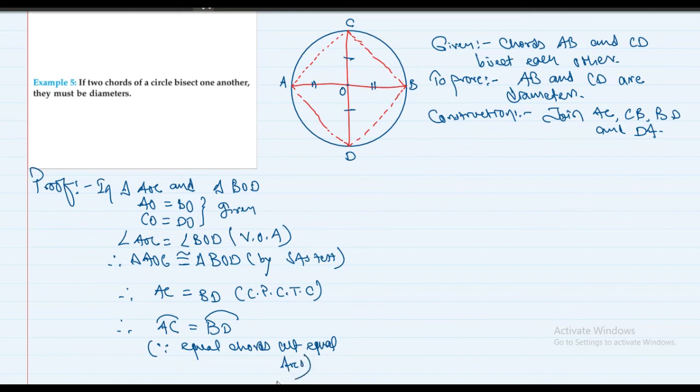So arc AC is equal to arc BD. Okay, so these are the two arcs which we have proved equal.